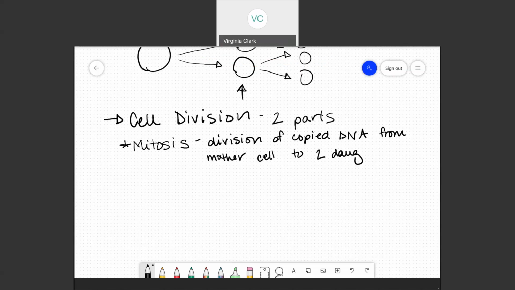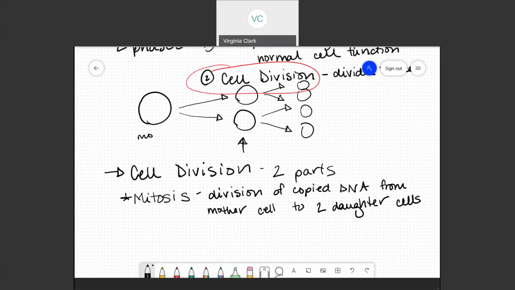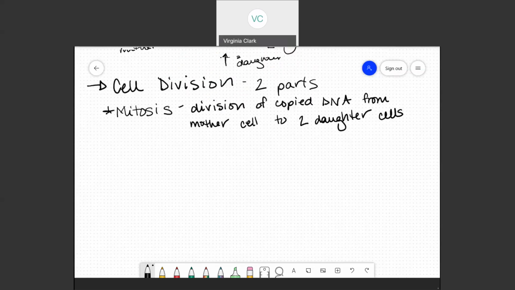So you are copying the DNA, you've already copied the DNA, and you're going to divide the DNA from one cell to two daughter cells. Up here, this is the mother cell, one cell, and then these are the two daughter cells. So we've essentially copied the DNA, and in mitosis, we're dividing the DNA.